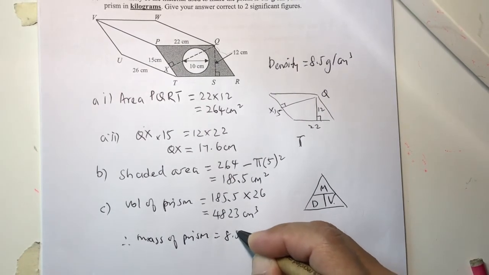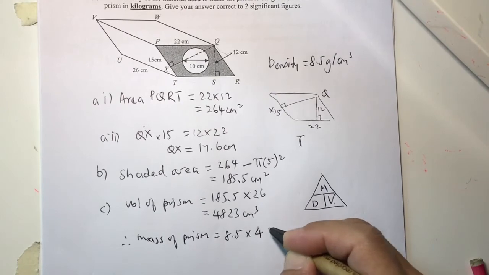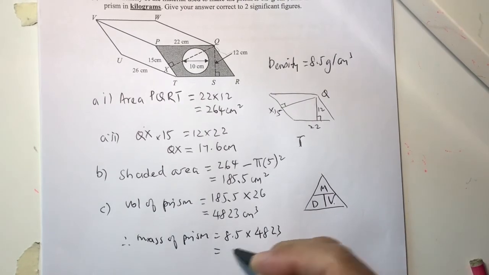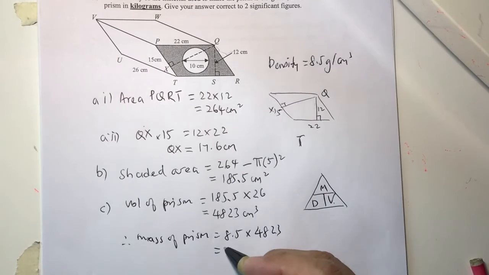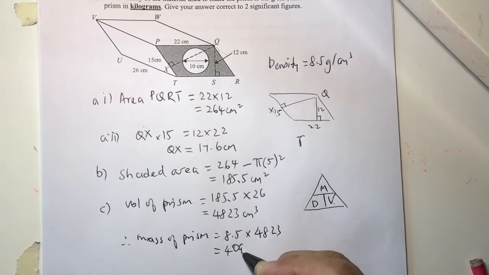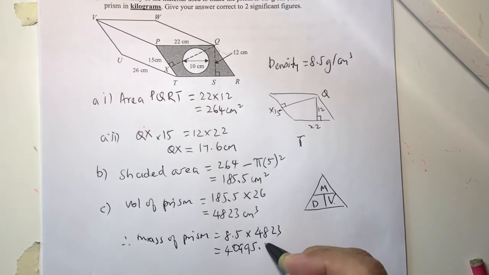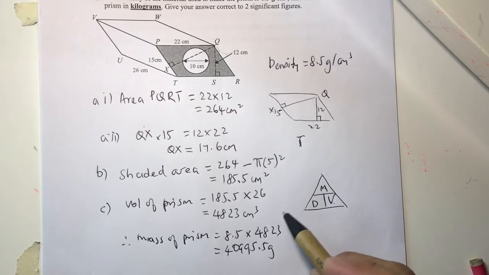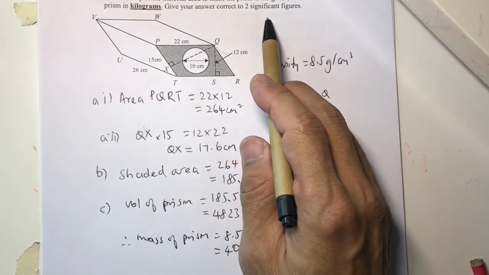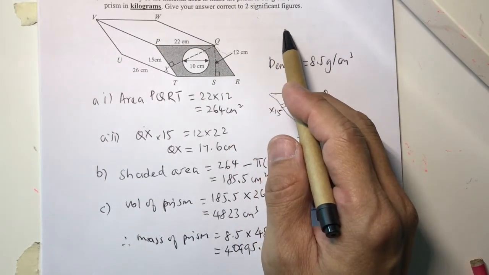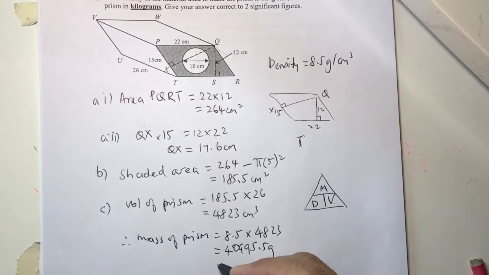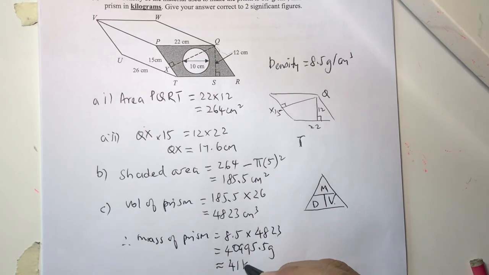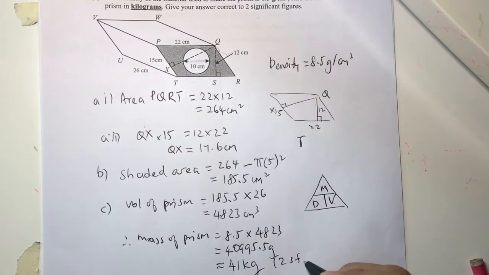Density is 8.5 times the volume, 4823. That gives us 40995.5 grams, and we are to give the answer correct to two significant figures and in kilograms. So it will be 41 kilograms to 2 SF, significant figures.